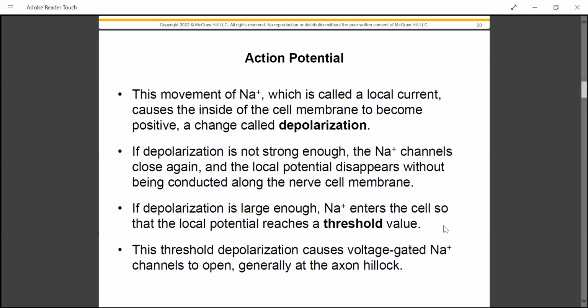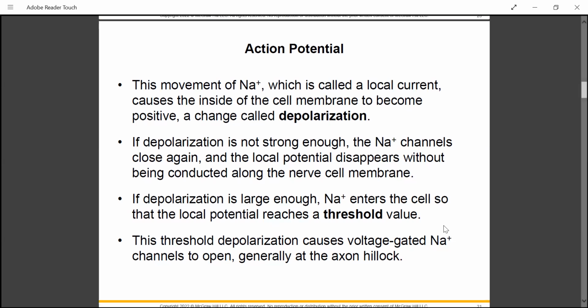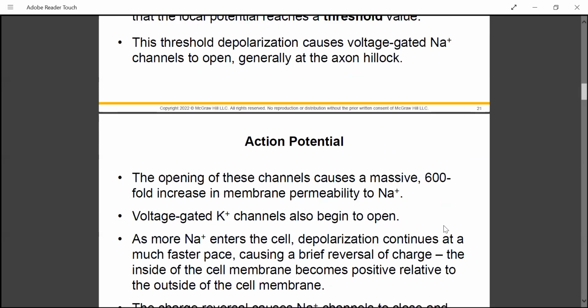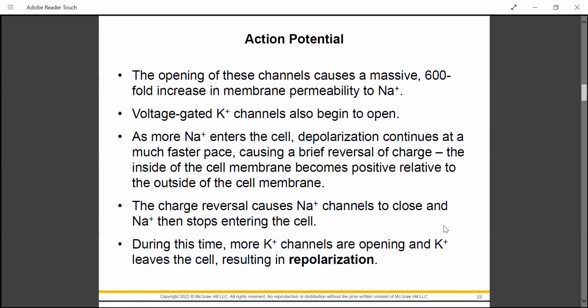So our threshold depolarization is going to cause our voltage-gated sodium channels to open. And so this is going to cause a lot more sodium to rush into the cell. So now we have a ton of sodium rushing into the cell. We went from a negative charge to a very positive charge.